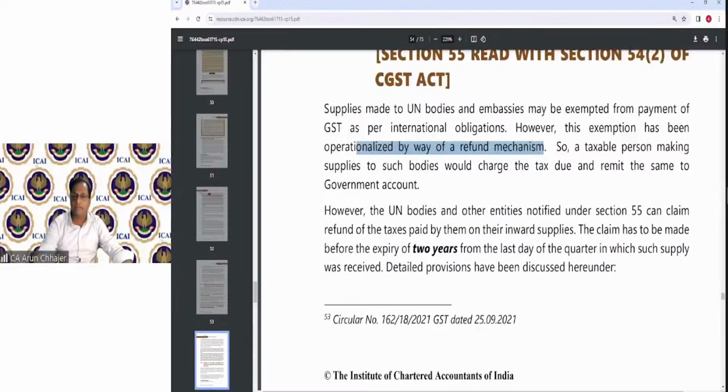Earlier it was 6 months, then 18 months, then finally they have given 2 years from the last day of the quarter. So they have to file the refund application on a quarterly basis. A UIN body notified under section 55 can claim the refund of the taxes paid by them on inward supplies. The claim has to be made before the expiry of, initially 6 months, then 18 months, now 2 years. Okay.